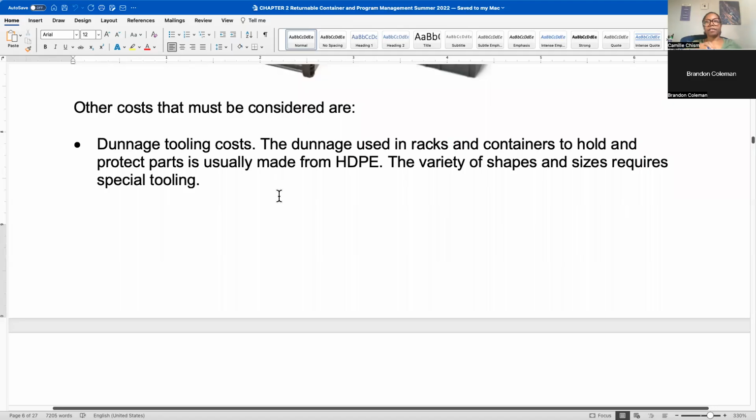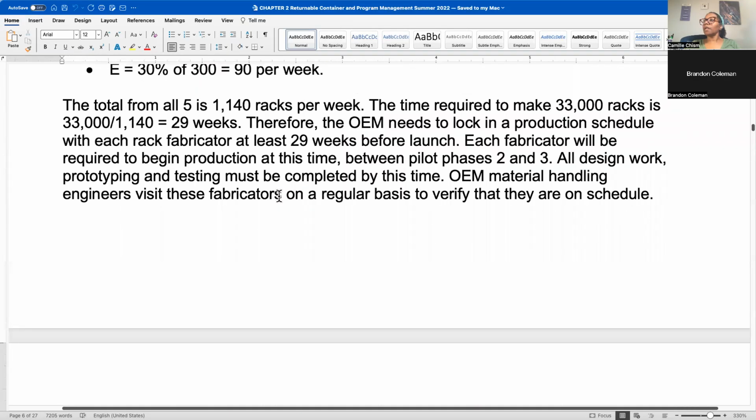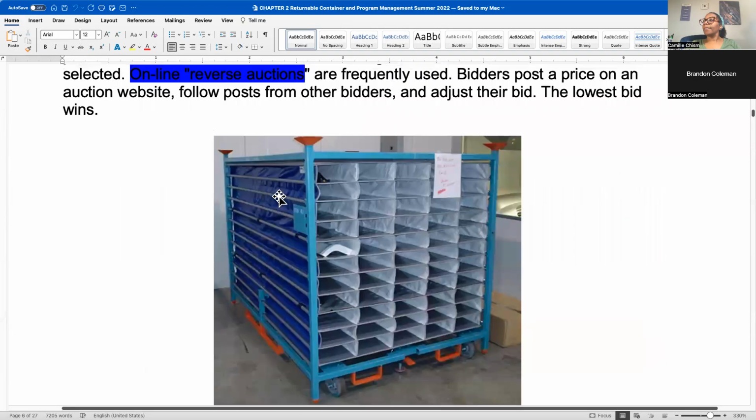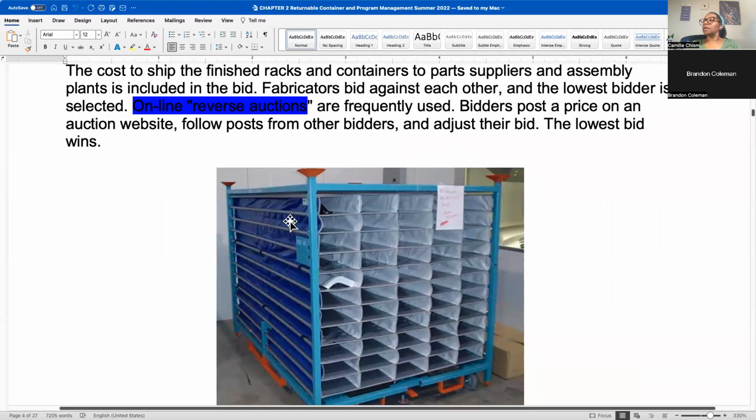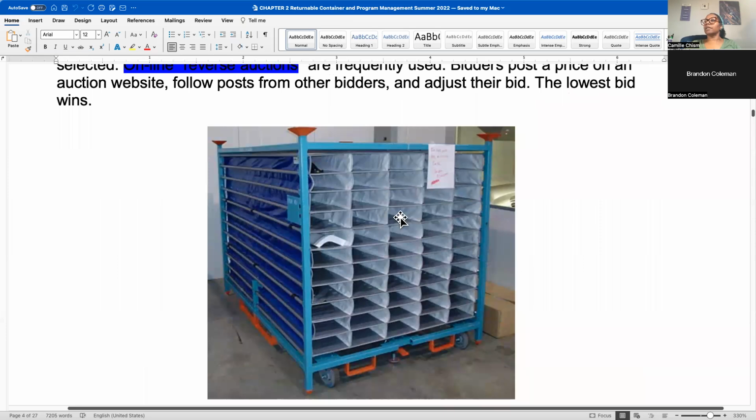And then if you have racks, this isn't a good example. This one is going to have soft dunnage, right? And these move up and down to get out of the way if you need to. But they've got wire or steel rods.